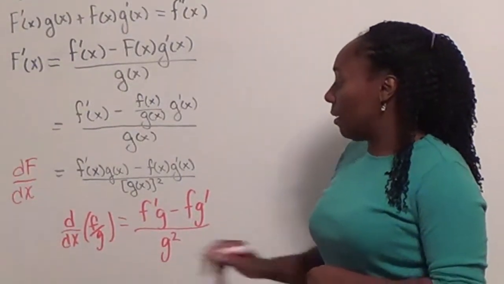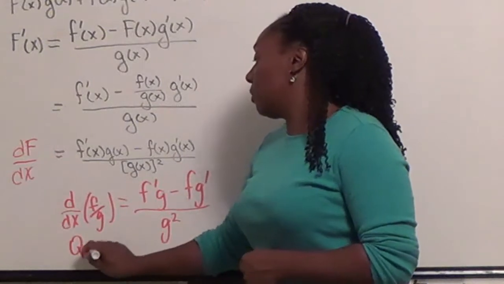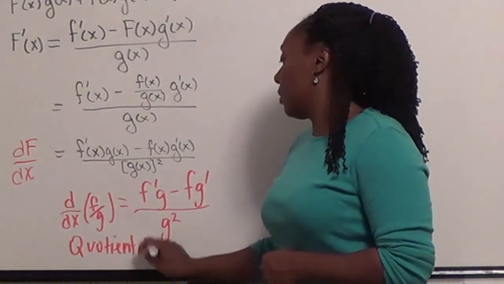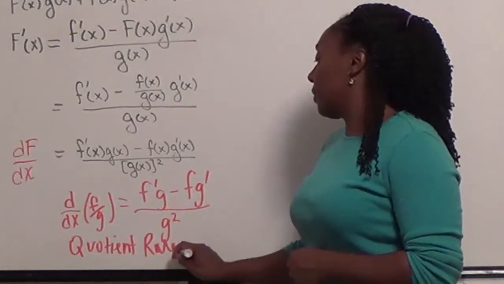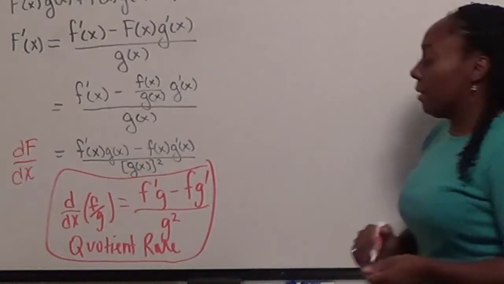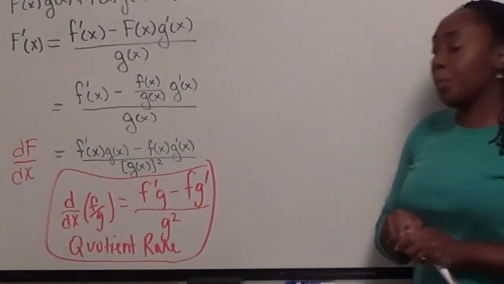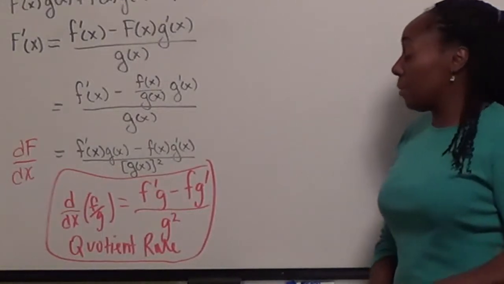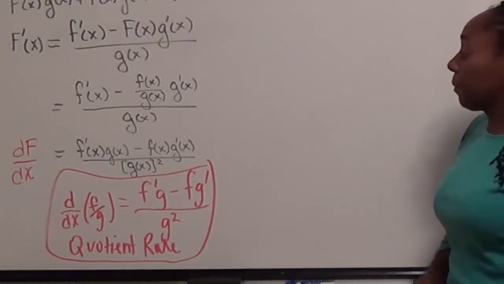This is our quotient rule. And just like our product rule, this is one that you're going to need to know for some of the applications that we're going to look at, as well as some things later on the final.